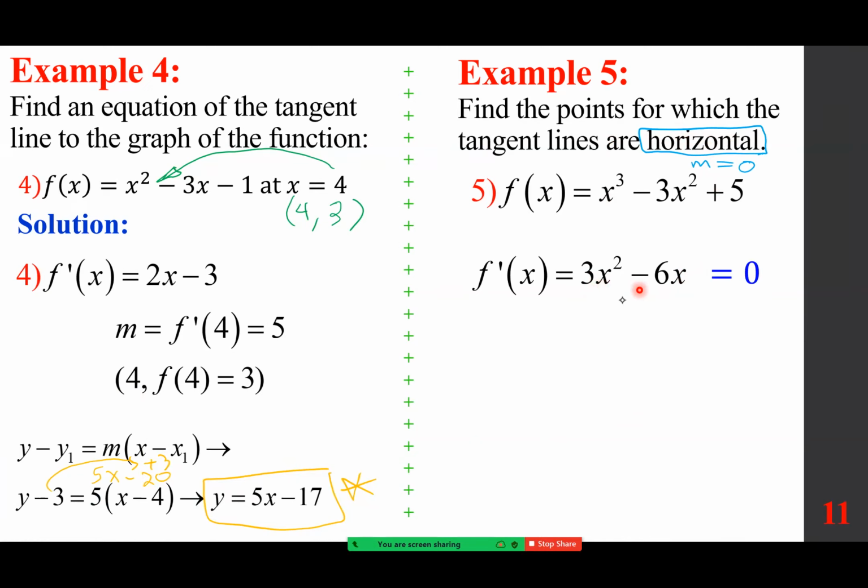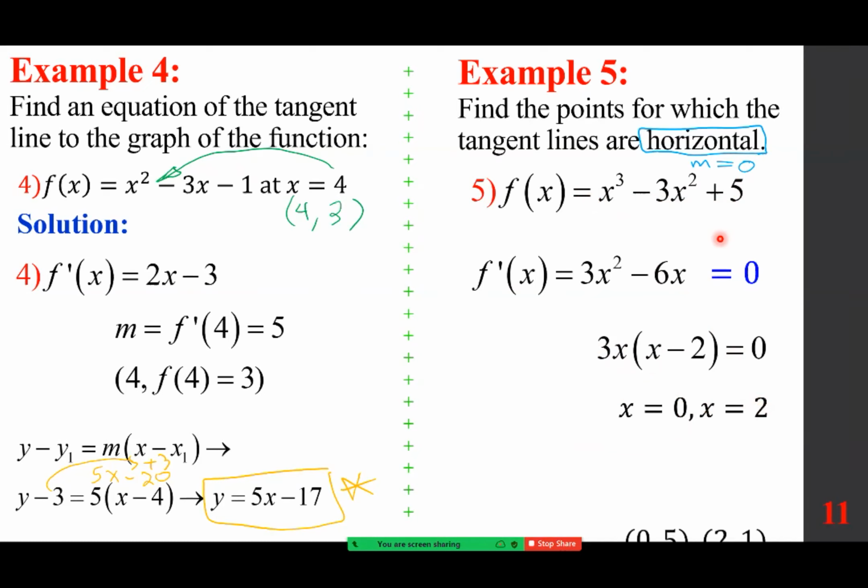We factor out the common factor of 3x, and x becomes either 0 or 2. And by the way, whether it's 3 or 3000 or negative 1/2 has no bearing on the solution. There are two solutions. X is either 0, you plug it in, you get the pair 0, 5, or x is 2, you plug it in and you get 1.